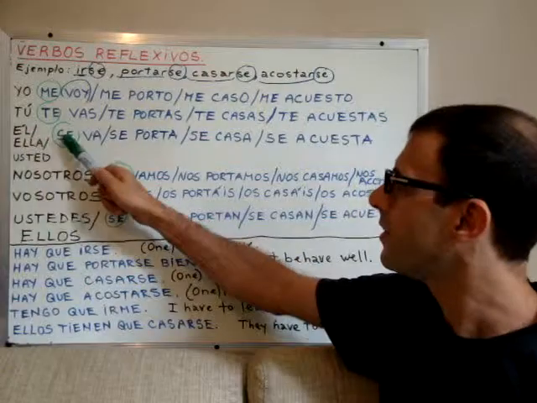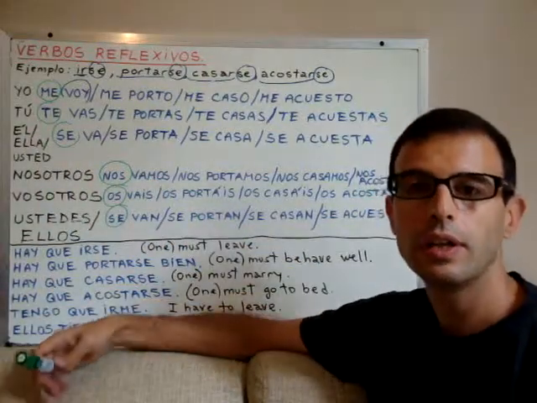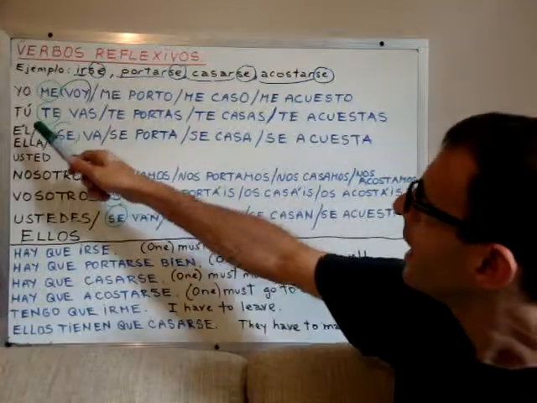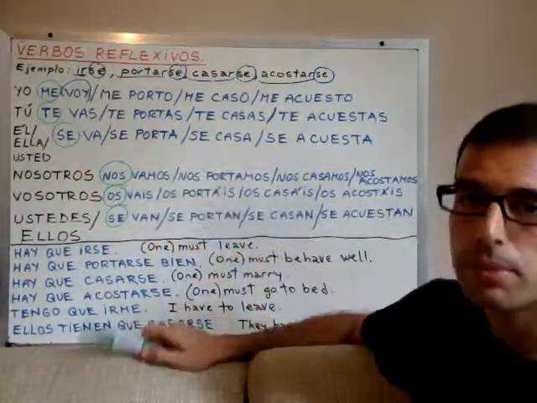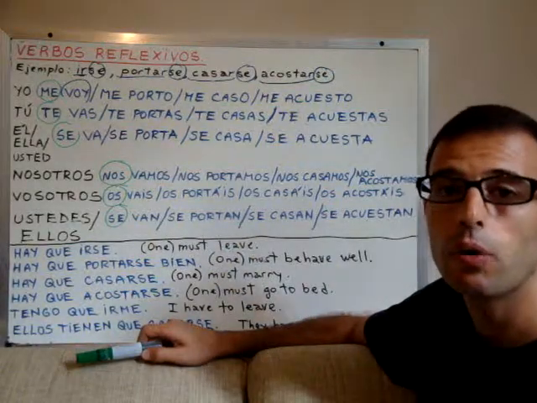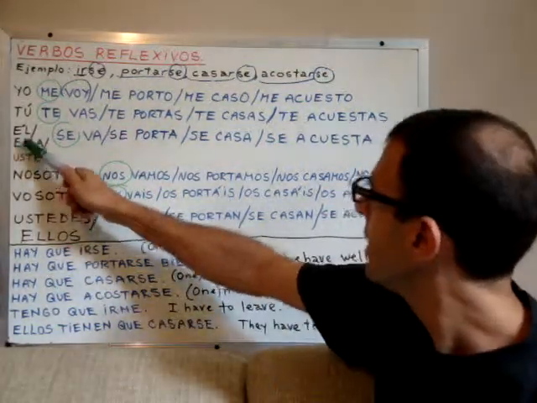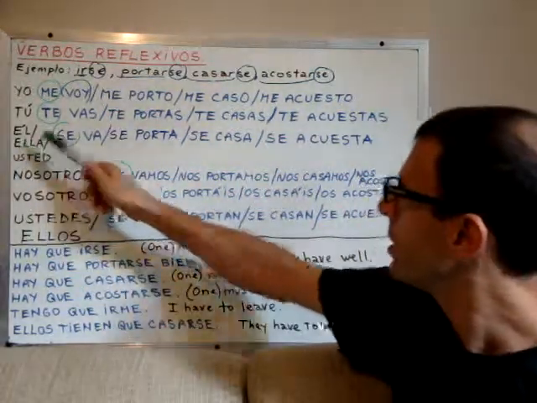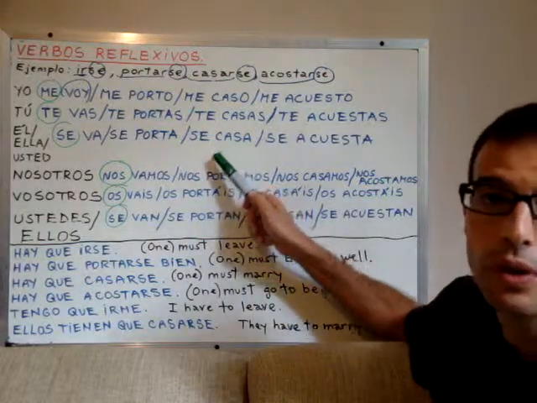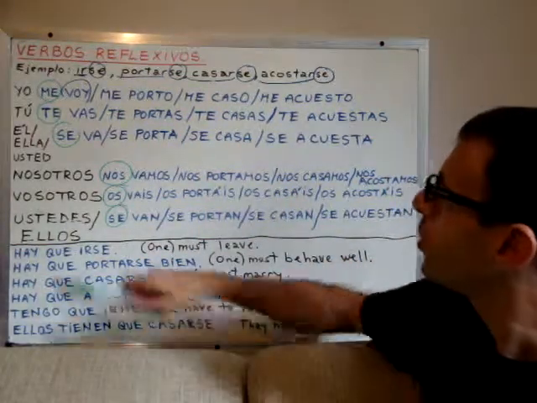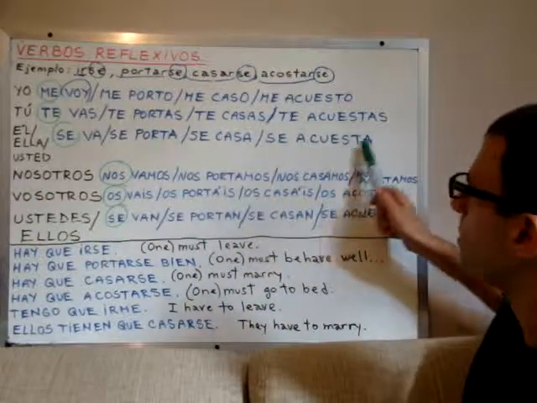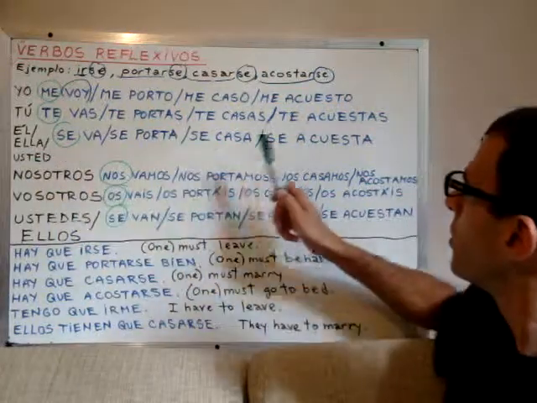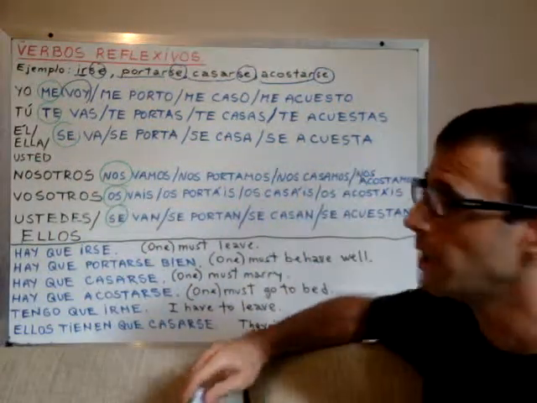Or él se va a la escuela, he leaves to school. Él se porta bien, he behaves well. Or ella se casa con Juan, she gets married with Juan. Or usted se acuesta temprano, you formal, you go to bed early.